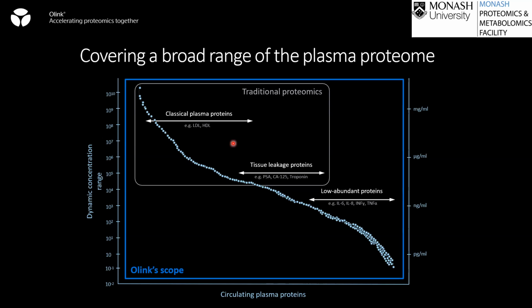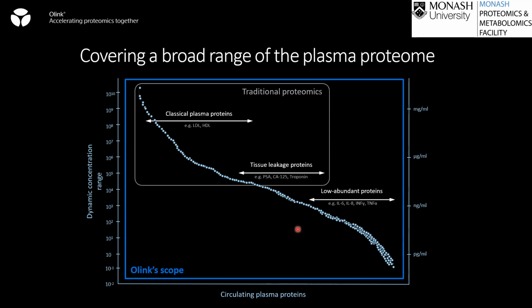Higher abundant proteins are more readily detected compared to lower abundant proteins. And usually below a certain threshold, the mass spec starts to struggle to detect these proteins. These are proteins such as cytokines or chemokines. And that's where Olink comes in to fill the gap.